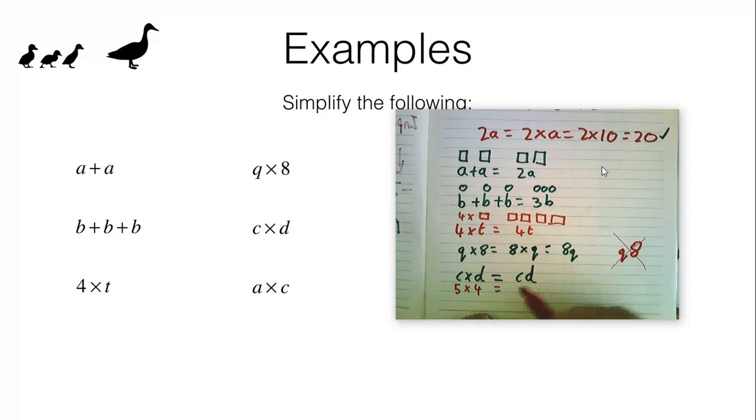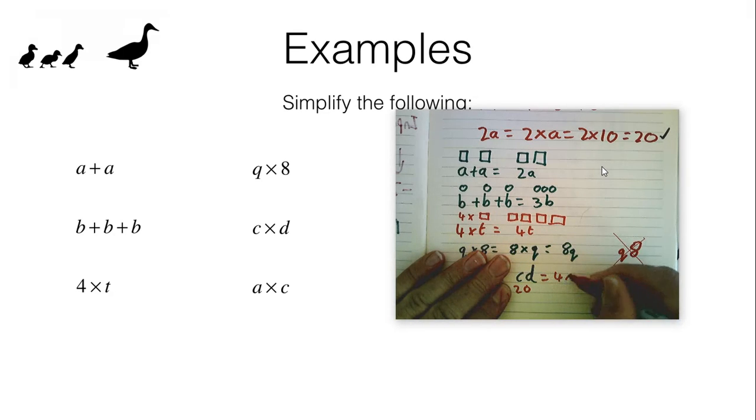Okay, so we're told that C is 5 and D is 4. We would just say that's going to be equal to 20, and so CD in this situation would be 5 times 4 as well. Okay, so if all we were given was that, we would just know to do 4 times 5 is 20.